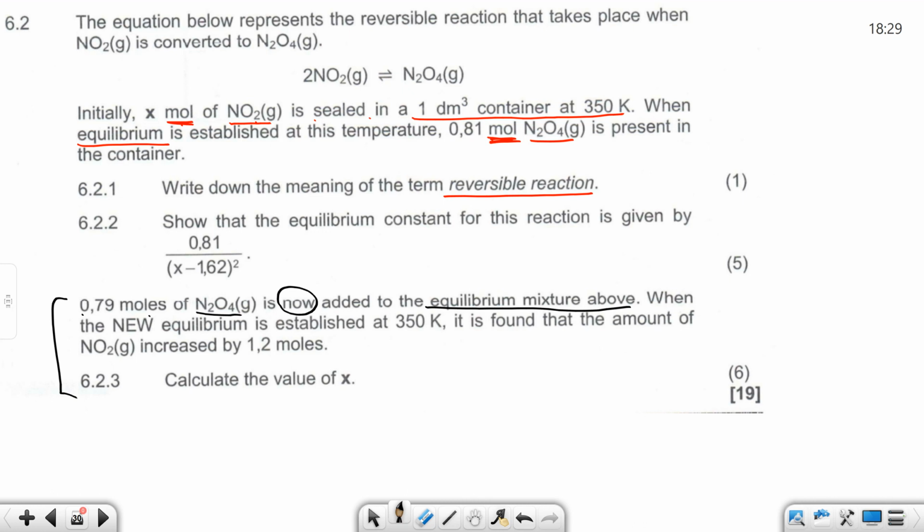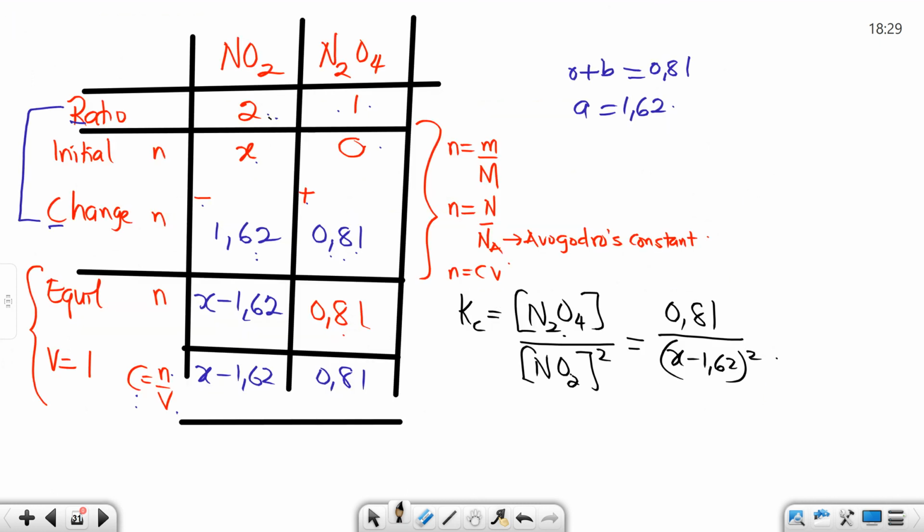Now check. Okay, let's add it. So this is our first equilibrium. Do we agree? Now they said 0,79 moles of N2O4 is now added to the equilibrium mixture above. That's a disturbance. No, we don't work out concentration. It's moles. Don't mix it. Okay, just wait. Where is our equilibrium mixture?